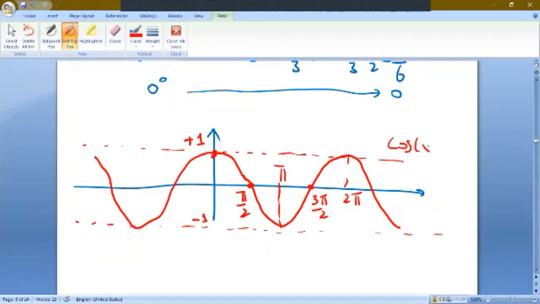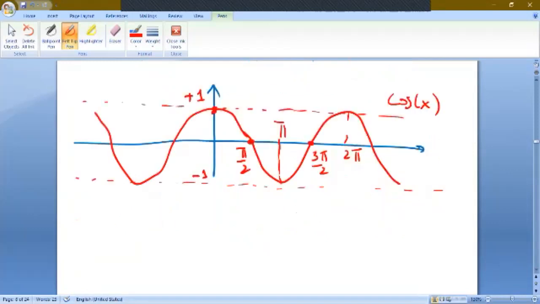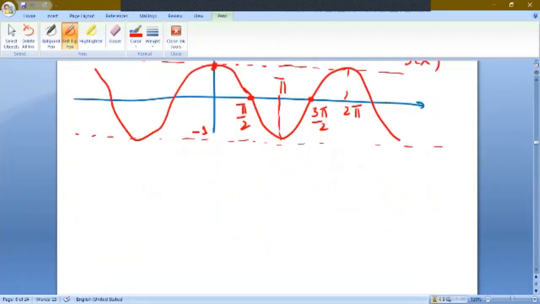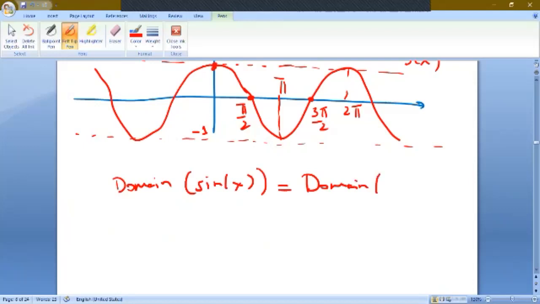So this is cosine of x. And they keep oscillating between +1 and -1. And as you see, the domain of both sine and cosine is all real numbers. So you can plug any number into them. The number you are plugging into sine and cosine is actually an angle.